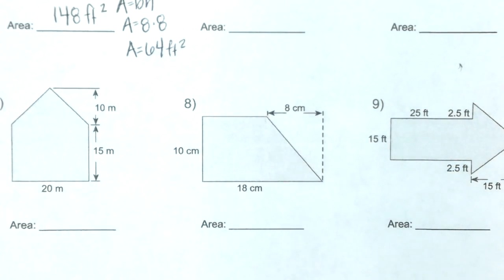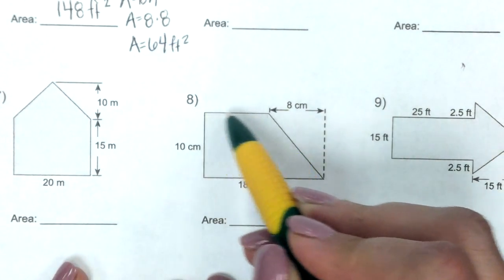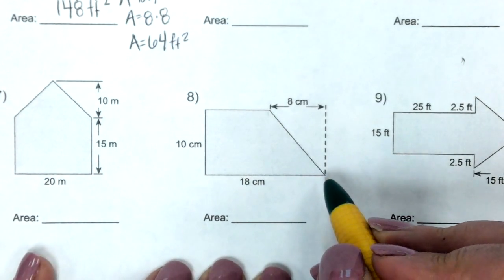What other way could I do it? Exactly. It's already a trapezoid, right? Don't we know the formula for a trapezoid? We absolutely do. The only thing we're missing is this base measurement right here, so we have to treat it like a puzzle.